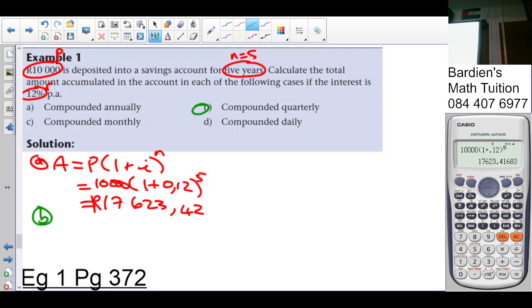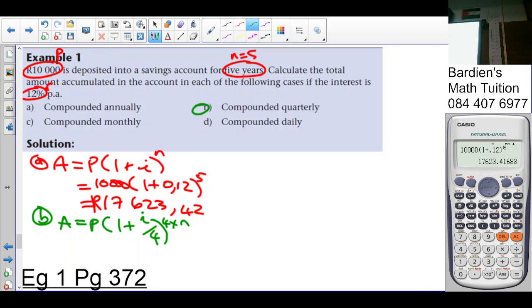Right. B. Compounded quarterly. Now compounded quarterly, there are 4 parts in that year, which means the interest is divided by 4. So the formula gives A is equal to P into 1 plus I over 4 to the exponent 4 parts of that year. If it's for 1 year, then the interest will be calculated 4 times in that year. Can you see that, people? If it's 2 years, then the interest will be calculated 2 times 4, which is 8 times.